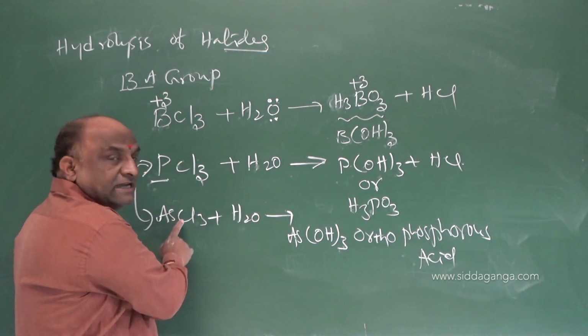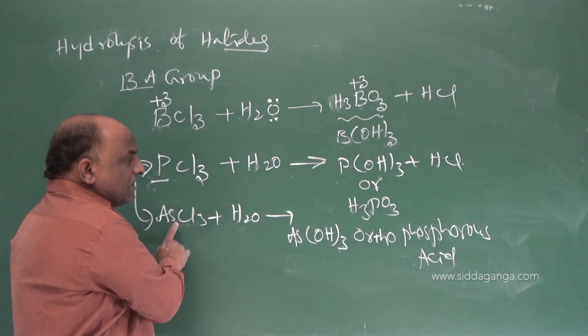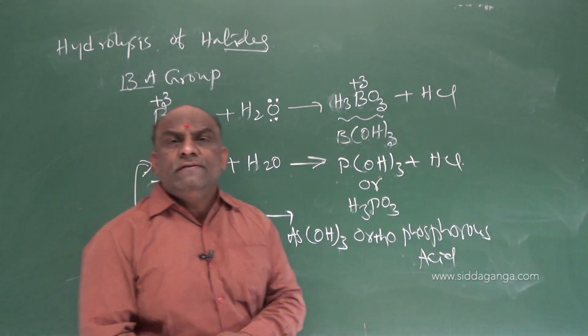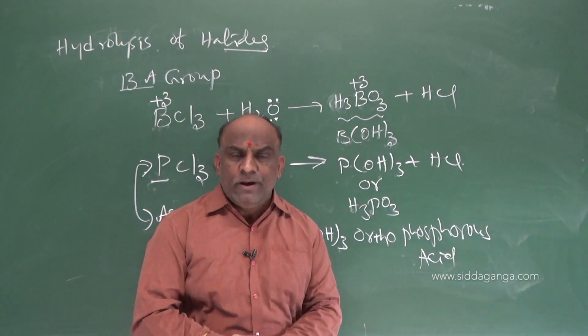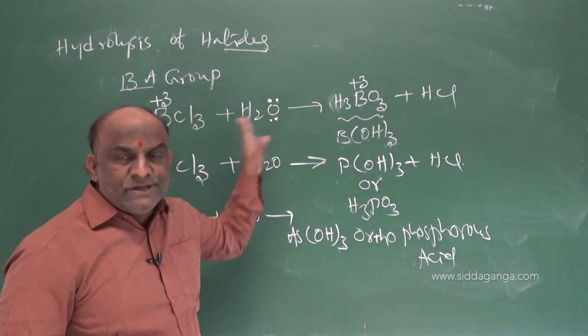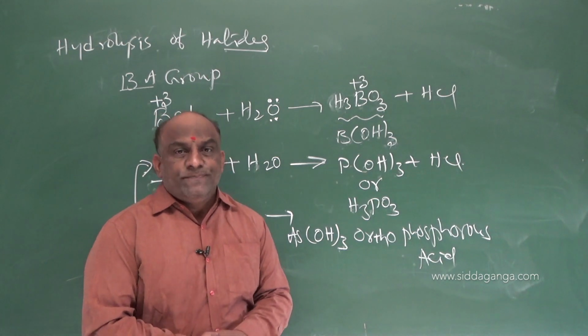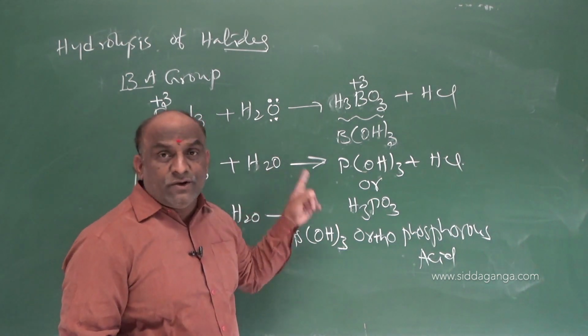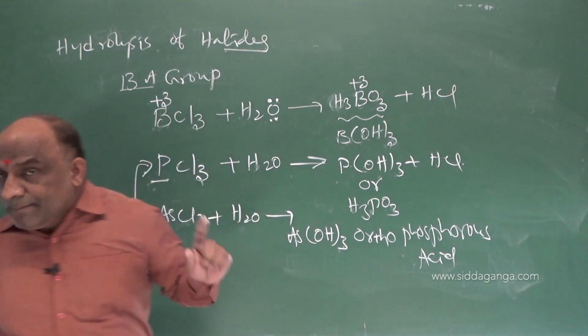Except phosphorus and arsenic, the remaining 3 elements in the 15th group are nitrogen, antimony, bismuth. Let us discuss the hydrolysis of nitrogen, antimony, bismuth.